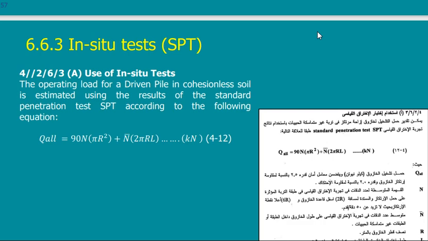But suppose I prove that the pile can carry, instead of 200, it can carry 250, I will not change the design, I will keep it as it is. So the pile load test is used to prove my design and to reduce it in case I found that my piles were over-designed.